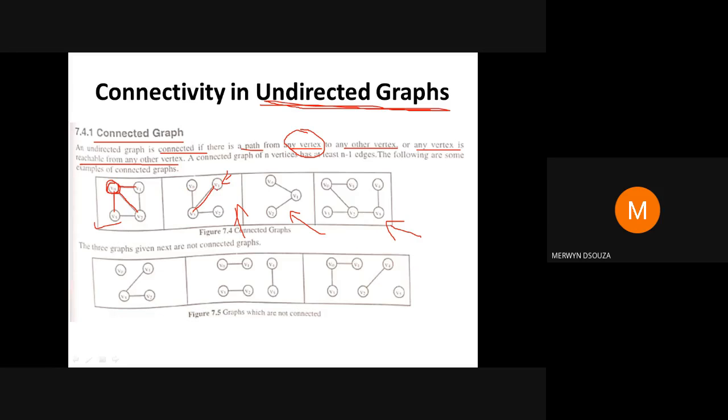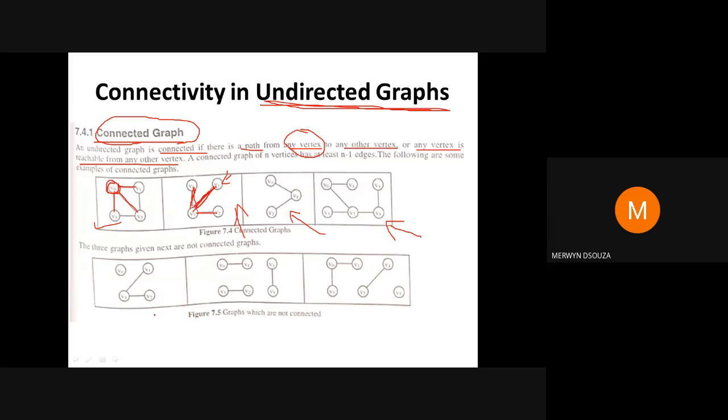Also, if I want to go here, I will use this and then go here. There's a path to this vertex. Also, I can go from here to here. So from this vertex, I can go to all other vertices. Similarly, you check all the other vertices, there's also a path. So that kind of graph will be known as a connected graph.